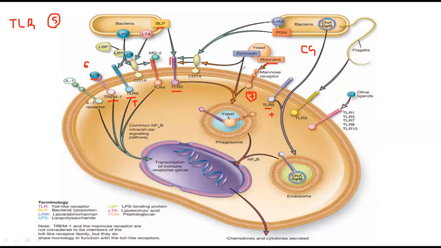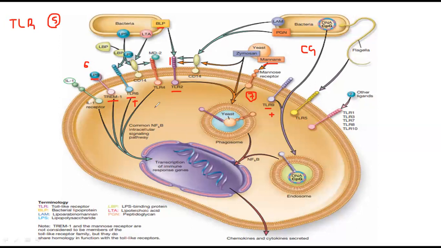So in summary, what does it do when these all give a positive signal? It can engulf the bacteria, and in addition there are special types of transcription factors. What do they do when these immune cells are activated?